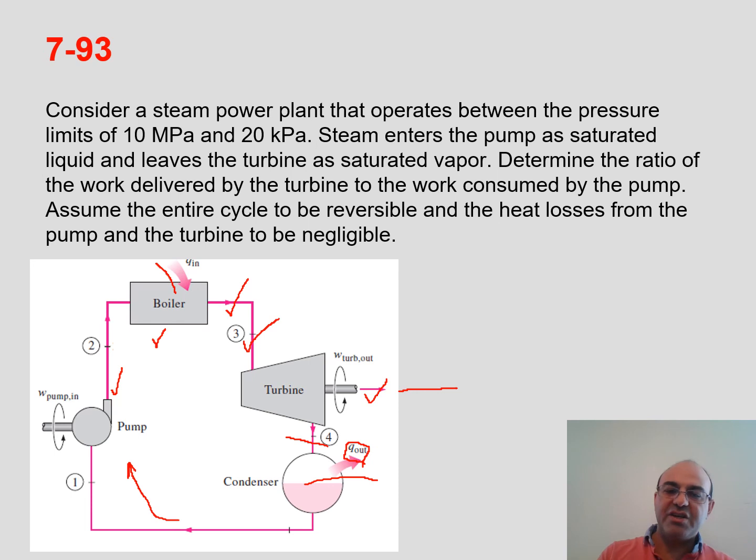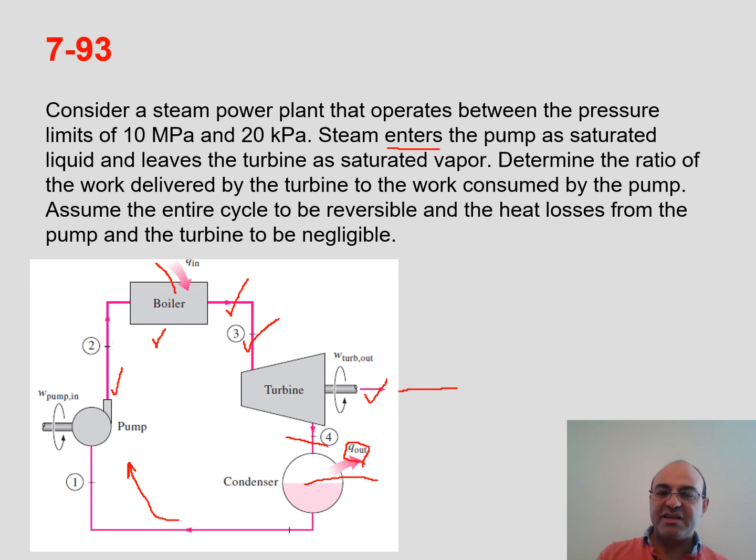So with the knowledge that you have now, you can analyze all of these components of a power plant. So saturated liquid enters the pump and leaves the turbine as saturated vapor.